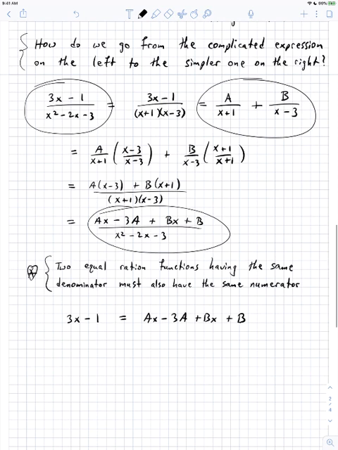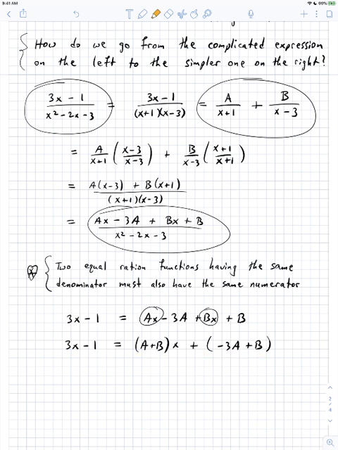There are different ways to do that. Let's just group together this ax and bx: a plus b times x plus minus 3a plus b. So here on the left side, I have a degree 1 polynomial, and on the right side, I also have a degree 1 polynomial.